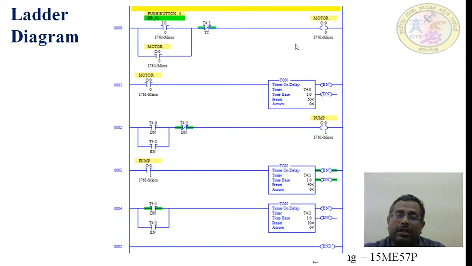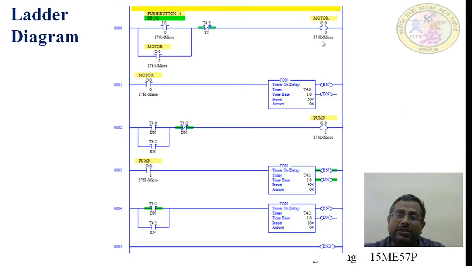and when you release the push button also, the motor has to be on. For that we are adding one open contact in parallel to the input contact, which we call latching. This latching is a very good practice while programming. See, first when you switch on the input button, the motor will start.